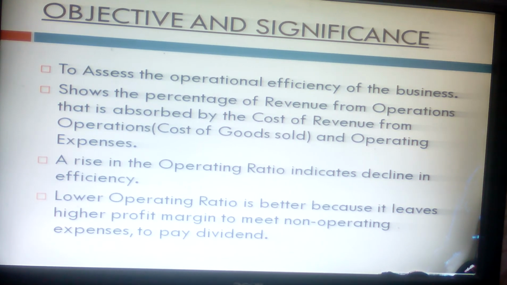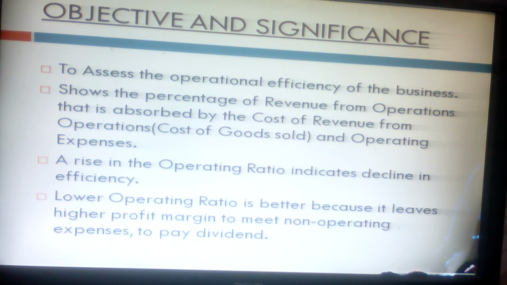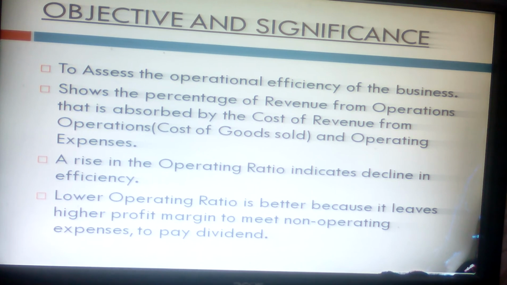Objective and significance: to assess the operational efficiency of the business. It shows the percentage of revenue from operations absorbed by cost of revenue from operations, cost of goods sold and operating expenses. A rise in the operating ratio indicates a decline in efficiency. A lower operating ratio is better because it leaves a higher profit margin to meet non-operating expenses and pay dividends.